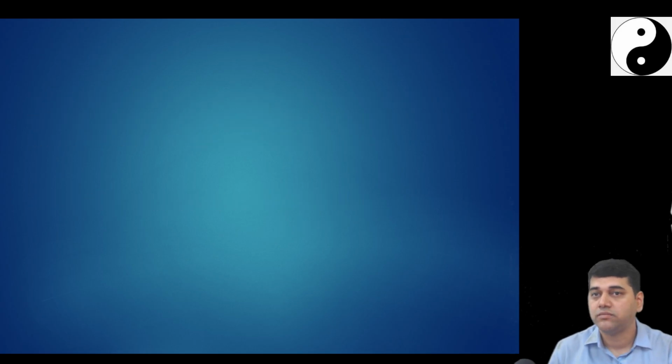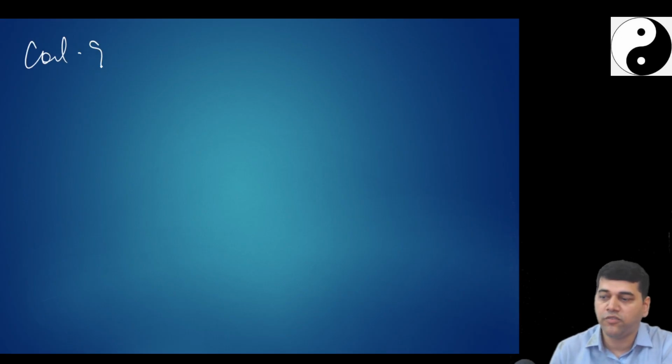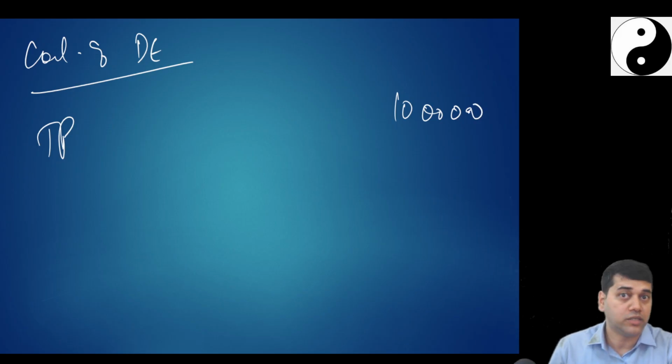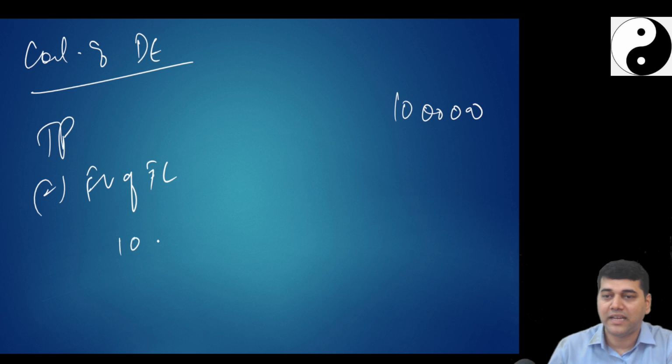What is the second question? Calculate the debt and equity component. Transaction price, 10 lakhs. Since in your examination you told the interest and the principal is your obligation, less fair value of financial liability is how much? 10 lakhs into 0.772183.